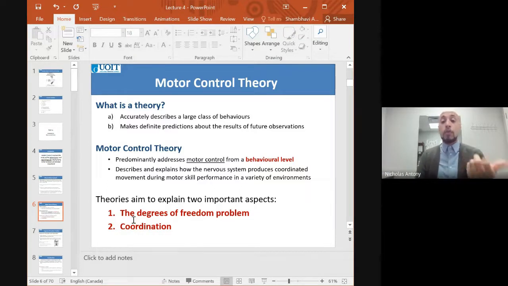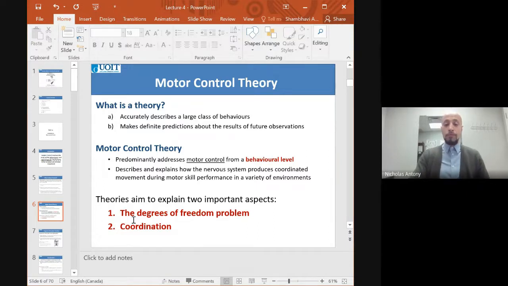And so for motor control theory, like I had said in the first lecture, it started off from analyzing motor control or motor skills from a psychological behavioral level. Motor control theories wanted to make observations of people performing motor skills from a behavioral level. And so the two questions that they needed to describe or to incorporate in their theories is what we've already just talked about.